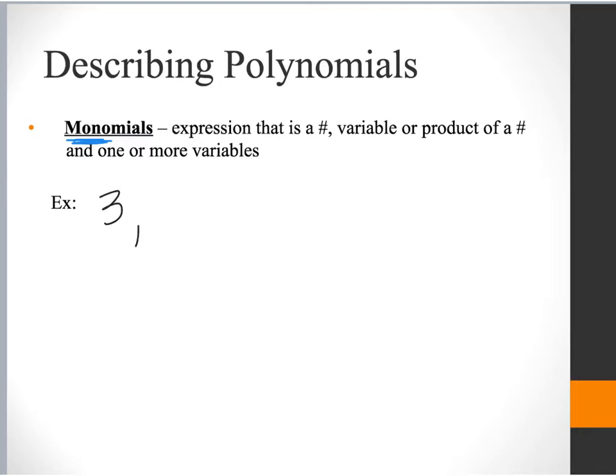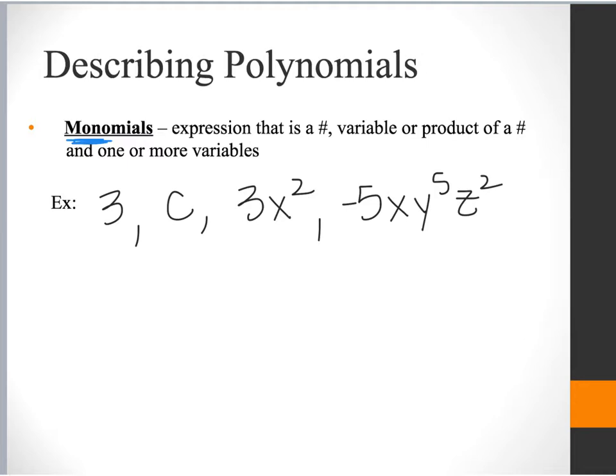It could be a single variable, let's say C, or it could be something like the product of one or more variables and numbers. So I could have something like 3x squared. Maybe I do a negative 5xy to the 5th, z to the 2nd. So you can see that it can be something really quite simple or it can be more complex.